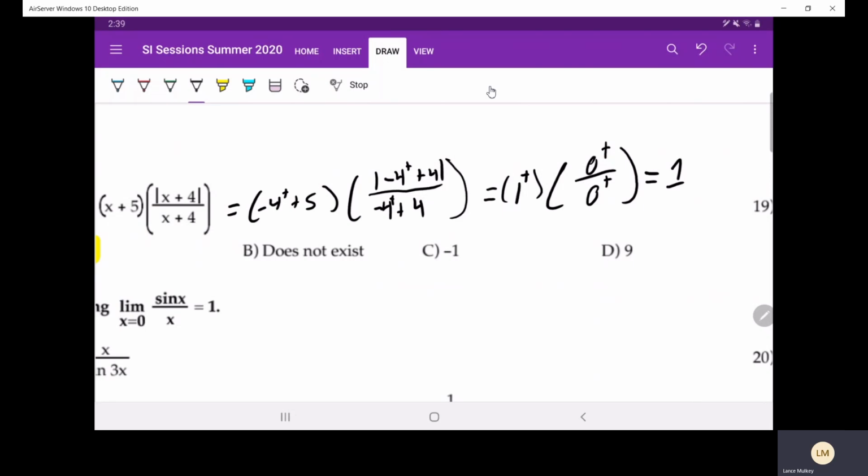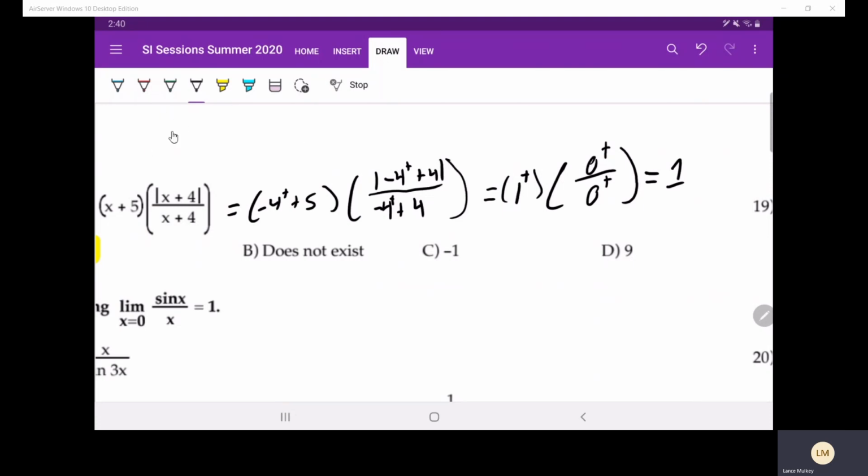So absolute value of x plus 4. Let's graph this. Absolute values. Yeah, you can. Okay. Was correct. Okay.